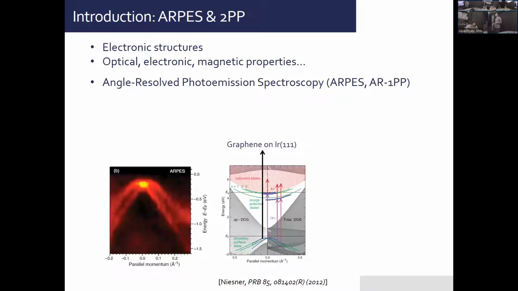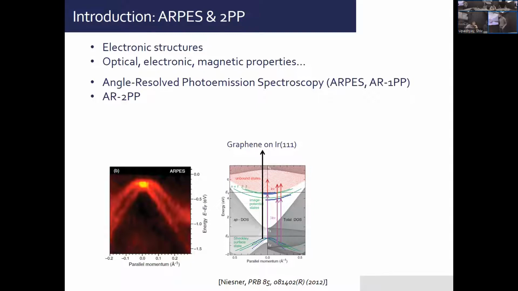For example, if we take graphene on iridium as an example, we can use a high-energy photon to excite the occupied part of the band structure, and we can map out the dispersion of the two branches of the surface state. However, if we want to study the unoccupied part of the electronic structure, we need to reduce the photon energy range to induce two-photon photoemission.